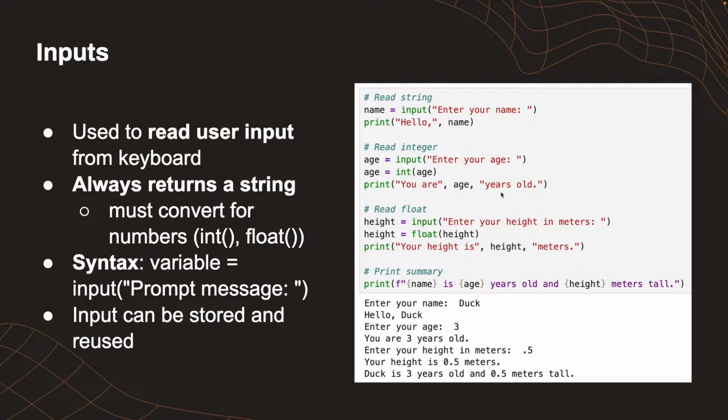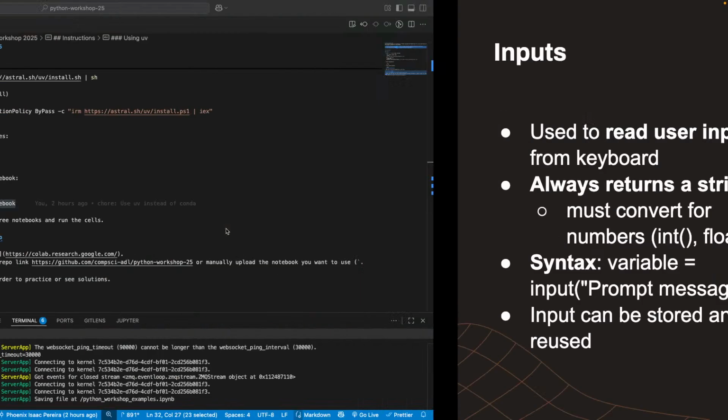Inputs. If you want to read user input from the keyboard, you can use the also easily named input function, and it always returns a string, so that's something you have to consider. You must convert to an integer or float if you need those types in your logic. The typical syntax is the variable name equals input and the prompt message, and then the input can be stored and reused later.